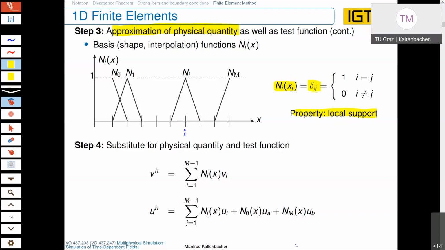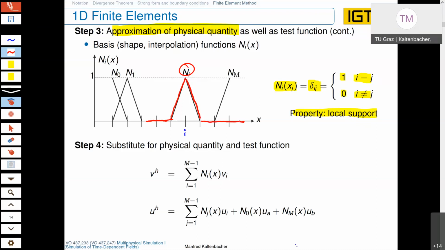So it is 1 if I is equal to j, and it is 0 when they are different. And that is what we see here. This basis function ni is a straight line going up to 1 at node I, going down to 0 at the neighboring node, and it keeps the value 0 at all the other nodes of our computational domain.